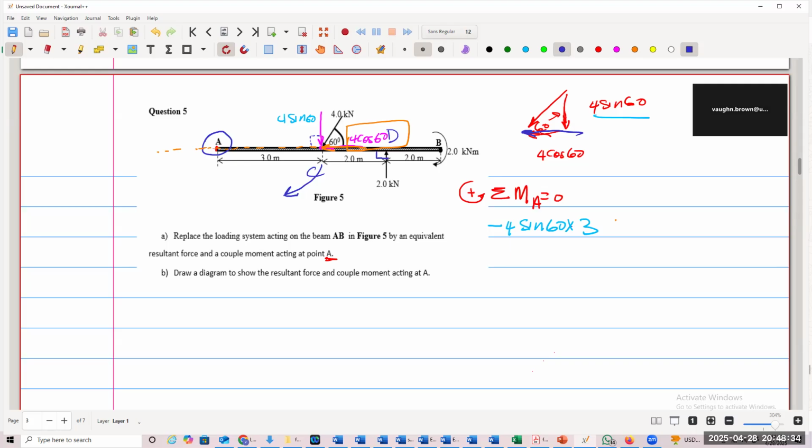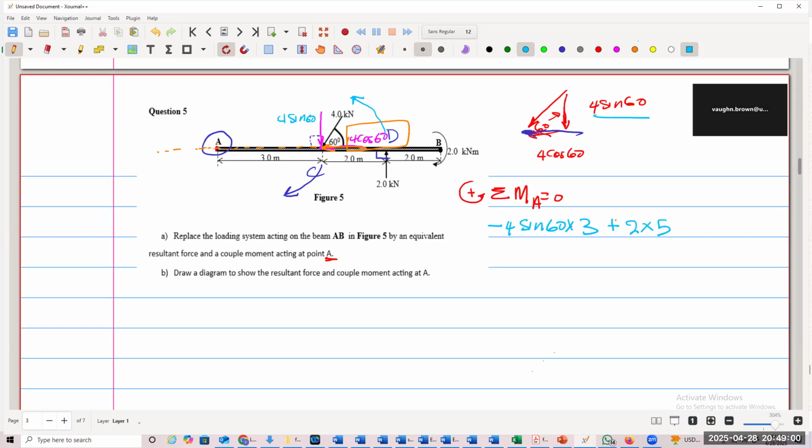What's the distance from A? 5. Yes. And which direction is it tending to turn? For this one now, it is tending to turn this way, anti-clockwise, which is positive. So that is a positive 2 kilonewtons times 5. So that is a positive one.